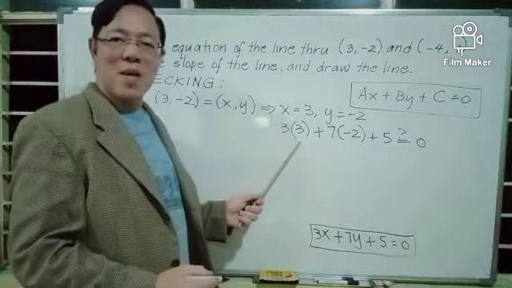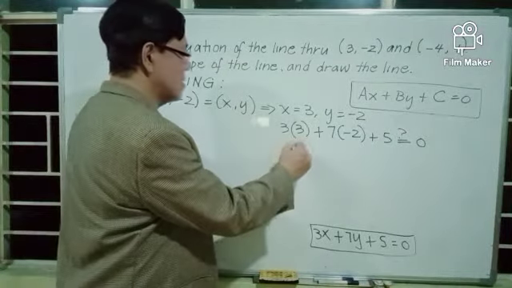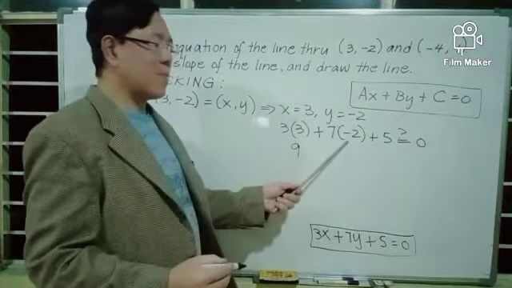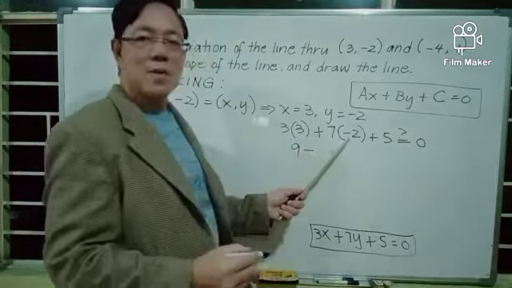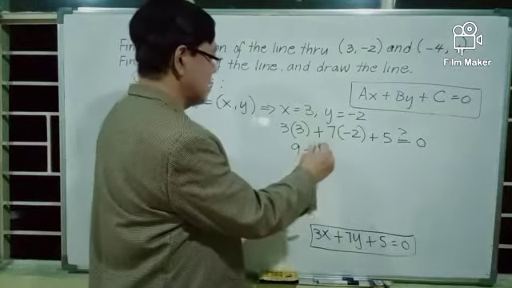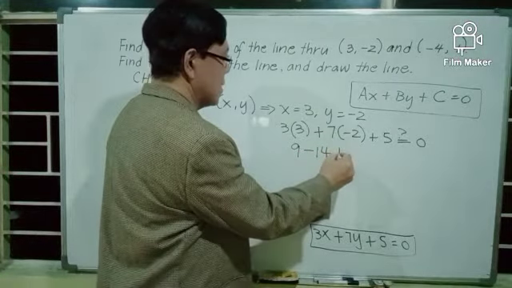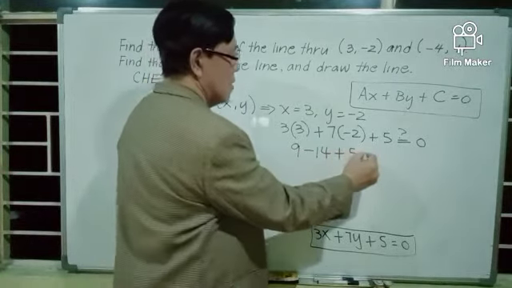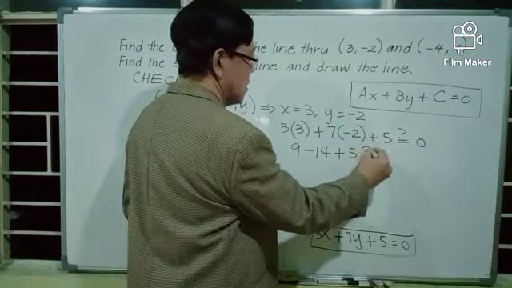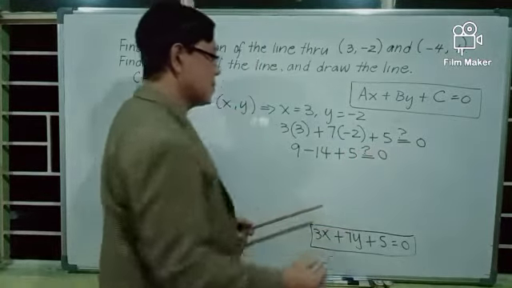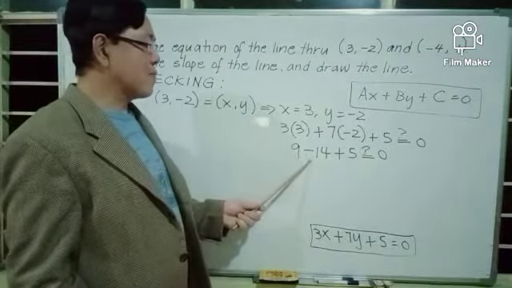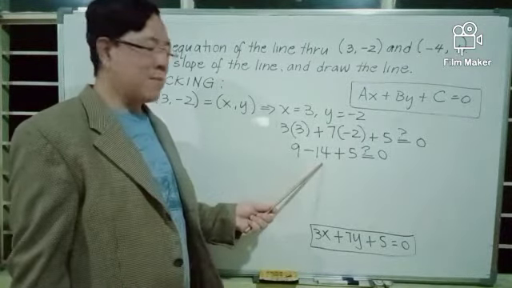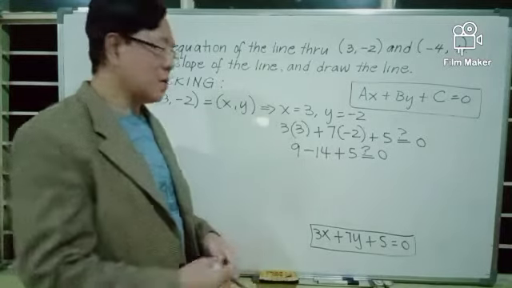We have 3 multiplied by 3 is 9. Positive multiplied by negative is negative. 7 multiplied by 2 is 14. Plus 5. Is that equal to 0? We have 9 minus 14 is negative 5. Plus 5 is 0.